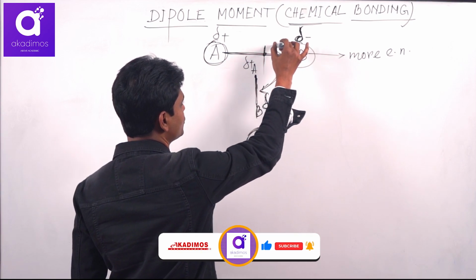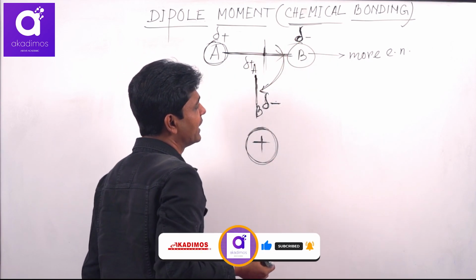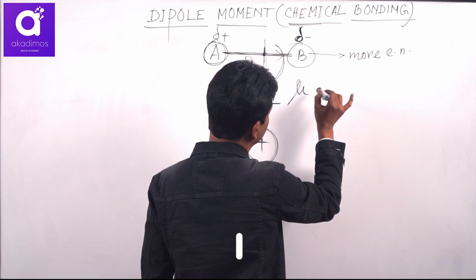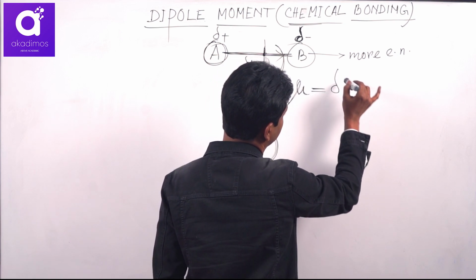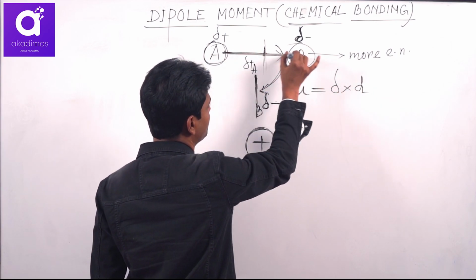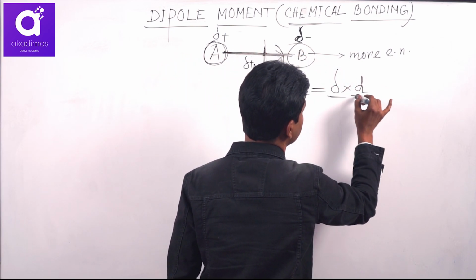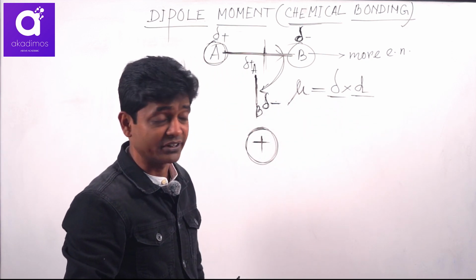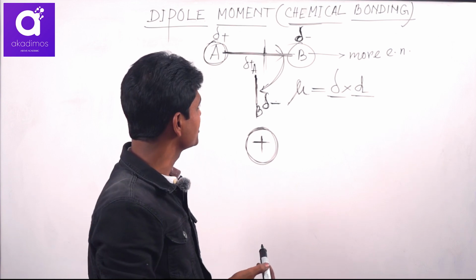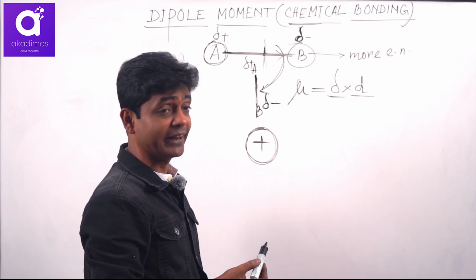This rotation is the dipole moment, generally expressed by mu, which is the charge separation multiplied by the bond length, as you know from rotational dynamics. Charge separation times bond length is the dipole moment, and from there you get a quantitative idea about the charge separation or polarization of electrons.